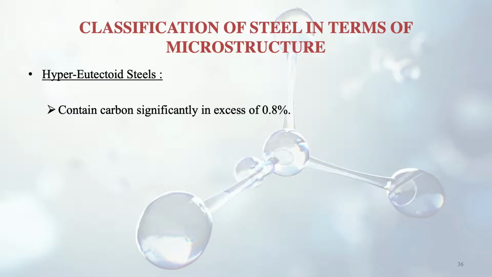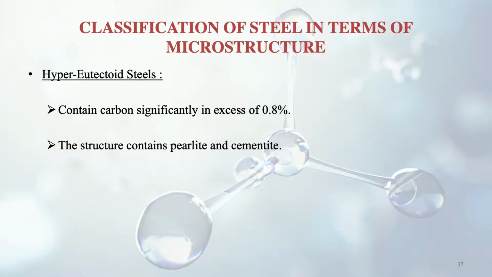Then the final one is the hypereutectoid steels. It contains carbon in excess of 0.8%, as we can know from the name itself. The structure contains perlite and cementite. Like in the case of hypoeutectoid, when we move towards the left, it contains perlite and ferrite. Now in this case, it contains perlite and cementite, because towards the right portion of the 0.8% carbon line, there is cementite.